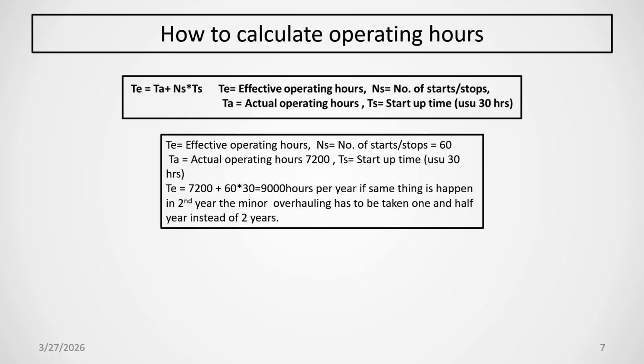And then according to your time, 15,000, 25,000, and 40,000, you have to go for minor, intermediate, and major overhauling. If you follow these routines, there should not be any problem with your turbine, because every day we are monitoring all the parameters, comparing and checking them with previous readings, and we can come to know whether there is a problem in the turbine or not.